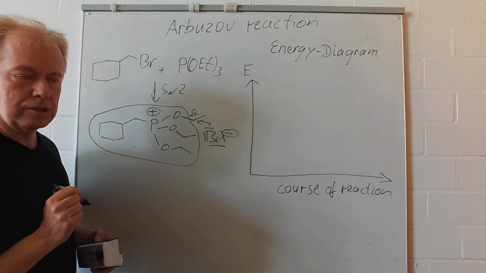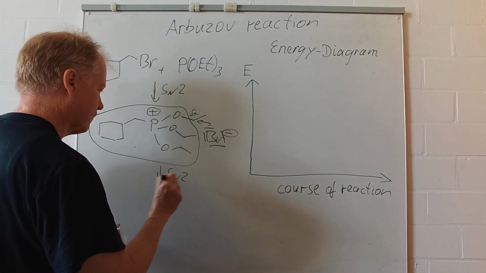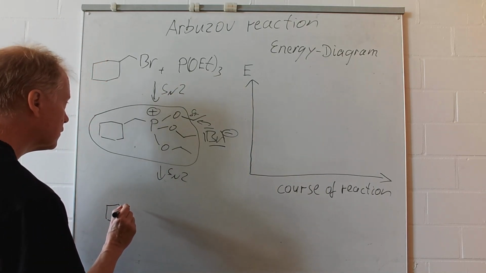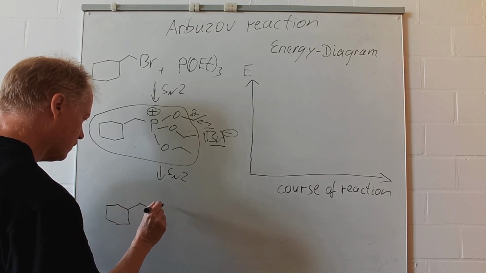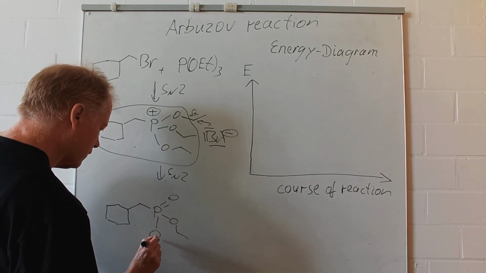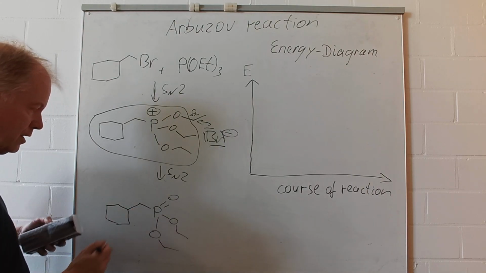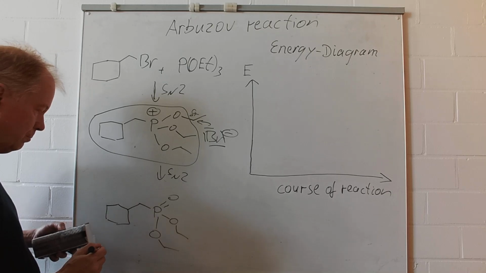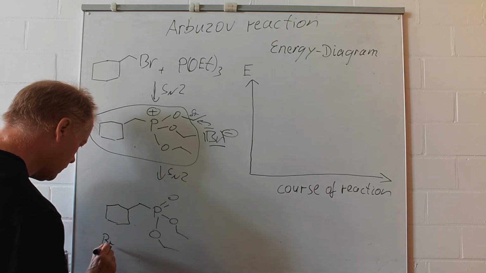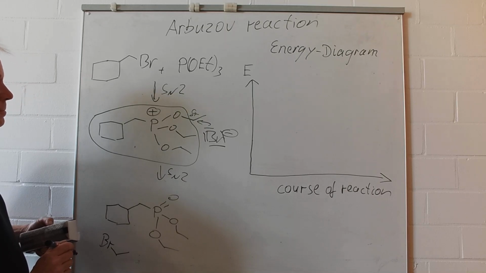Nucleophilic substitution takes place again by an SN2 process, and we will get this product, interesting for Wittig type reactions, and as byproduct the ethyl bromide.